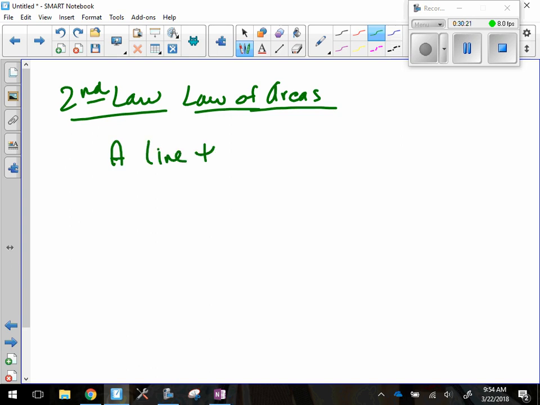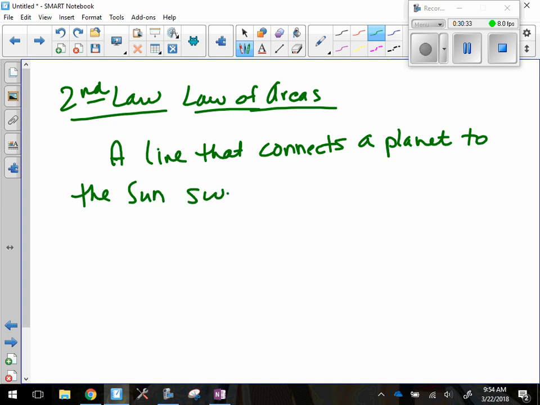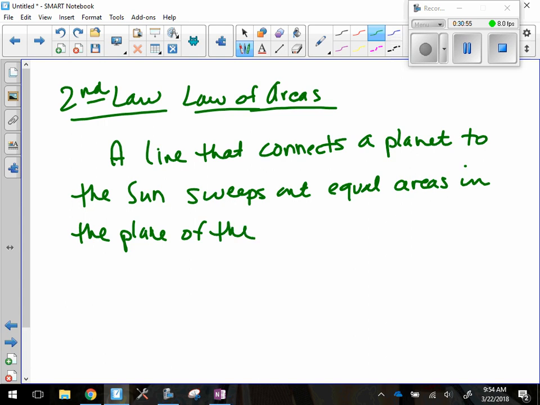So this one says a line that connects a planet to the sun sweeps out equal areas in the plane of the planet's orbit in equal times.